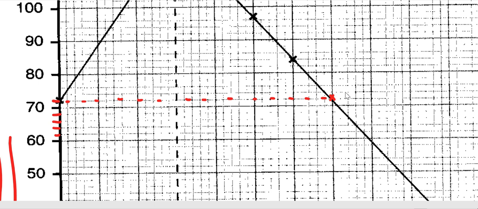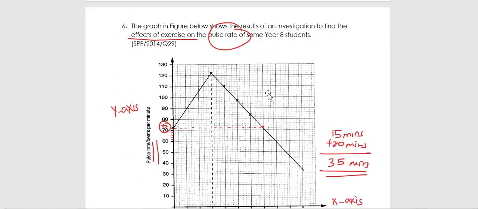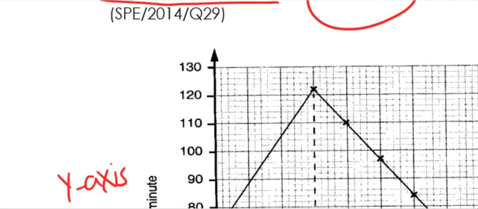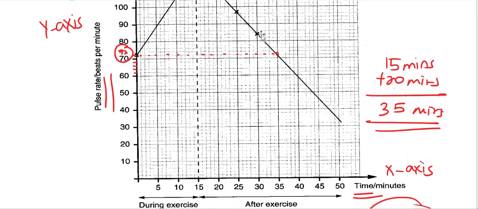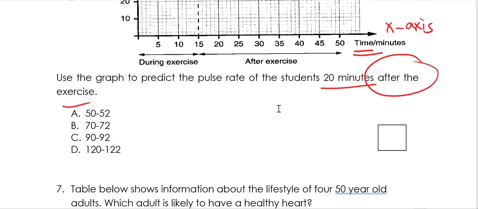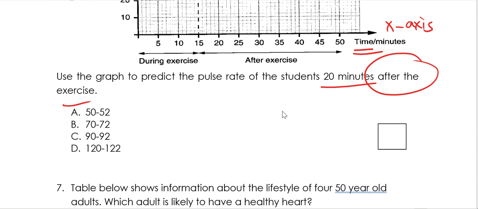So you know that each of that is 2 units. So it's 2, 4, 6, 8, 10. So that's around 72 beats per minute. So after 20 minutes of exercise, that is at 35 minutes, the heartbeat per minute is 72. So the answer here is B.